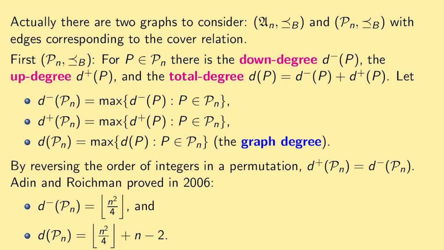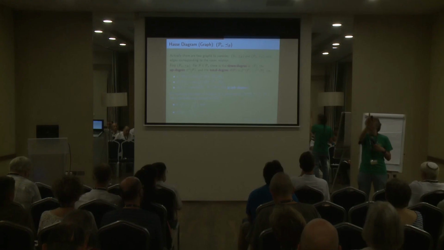So if we look first at just the permutations, you can talk about the down degree, everything joined to it below, which means how many things it covers, and you can talk about the up degree, how many things it is covered by.